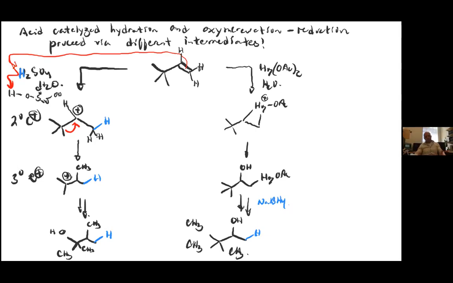And the H from the H2SO4 is bonding to the CH2 rather than the middle carbon? Yep, because remember, I could do that, but that would generate a primary carbocation, which would be less stable. So always protonate the alkene so that you make the more stable cation.